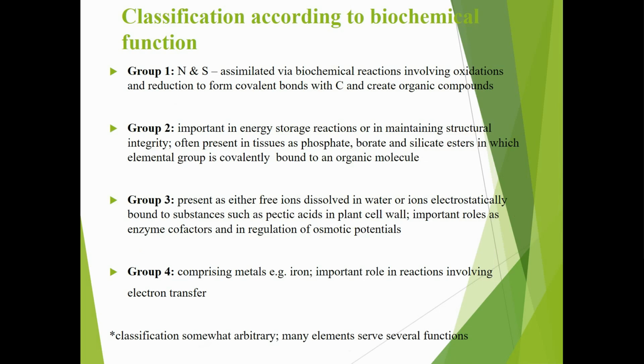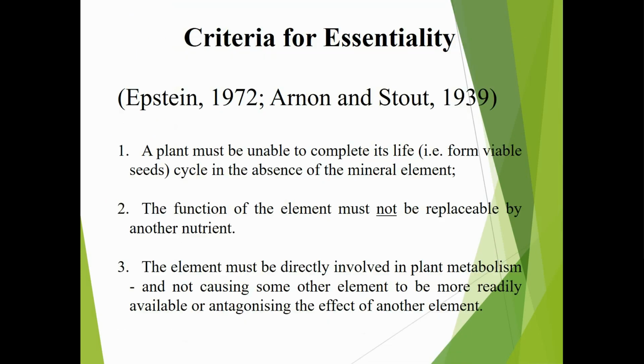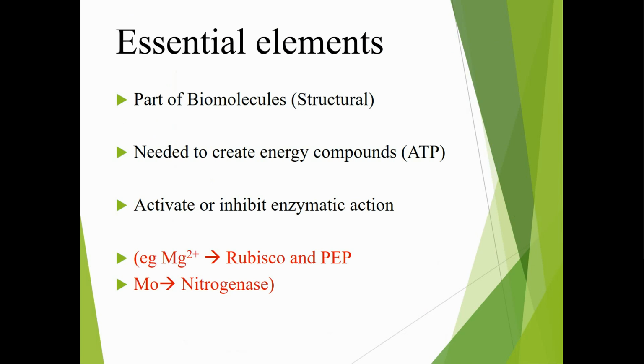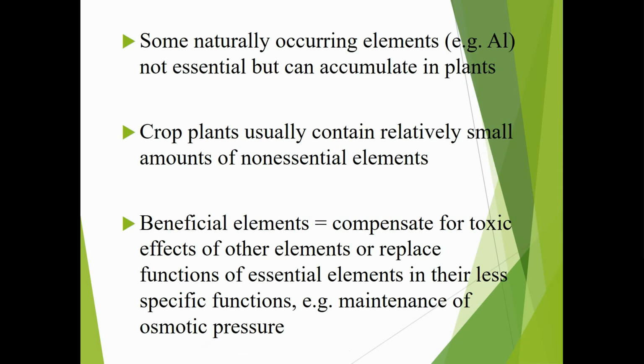However, there seems to be a little bit of disparity between the fact that they seem to do biochemical functions, but multiple nutrients can do the same function. We understand that in order for an element to be essential, it needs to be a part of the structural components, it needs to create energy, and it needs to activate or inhibit enzymatic activity.